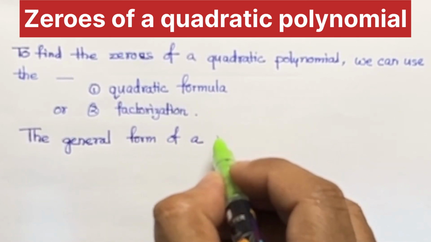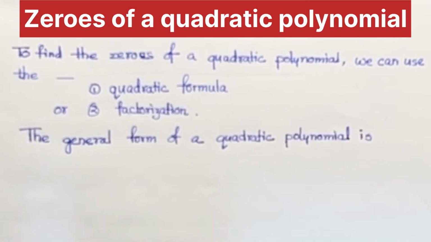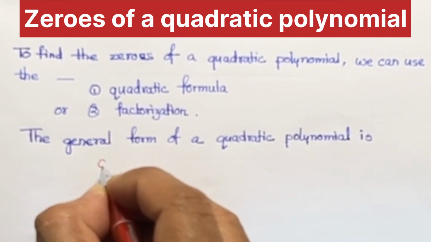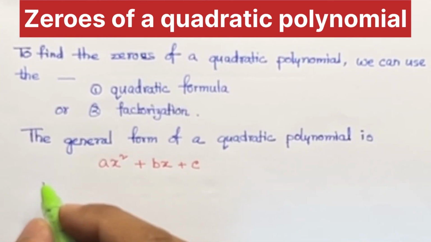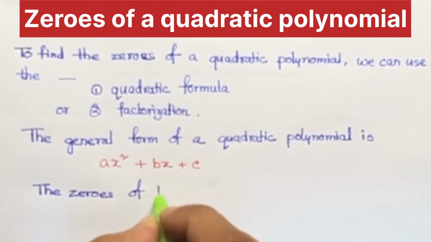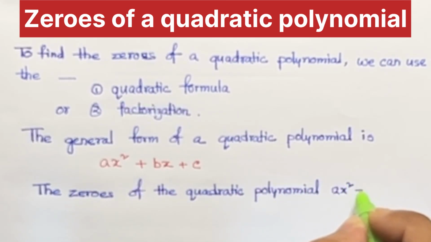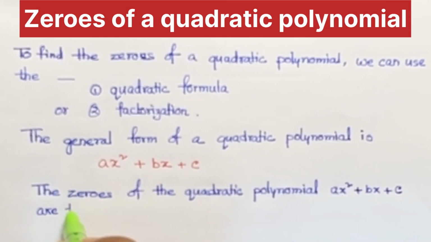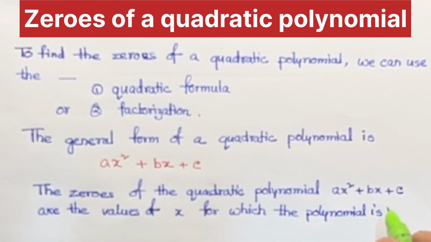The general form of a quadratic polynomial is ax square plus bx plus c. The zeros of the quadratic polynomial ax square plus bx plus c are the values of x for which the polynomial is equal to 0.